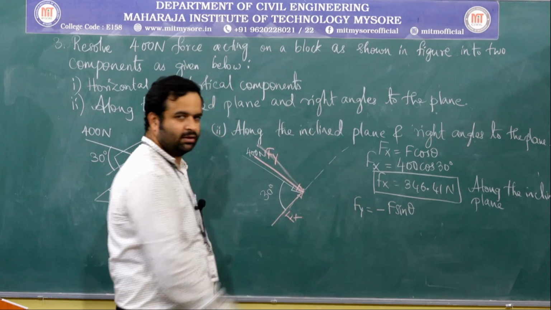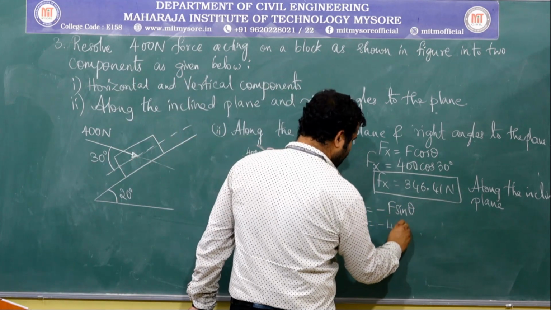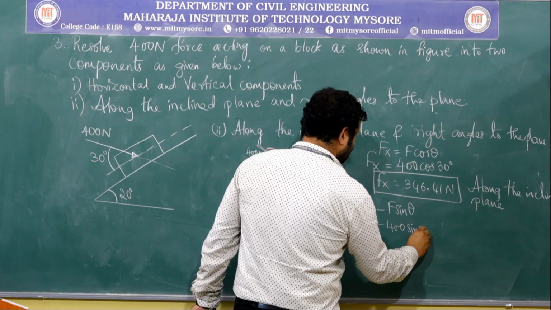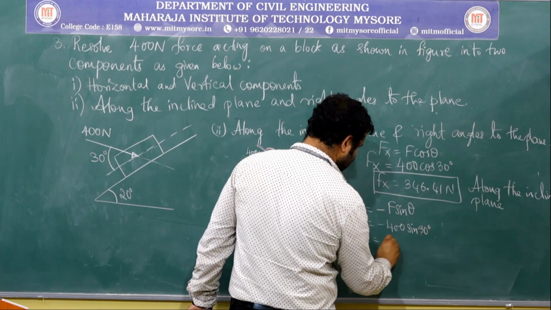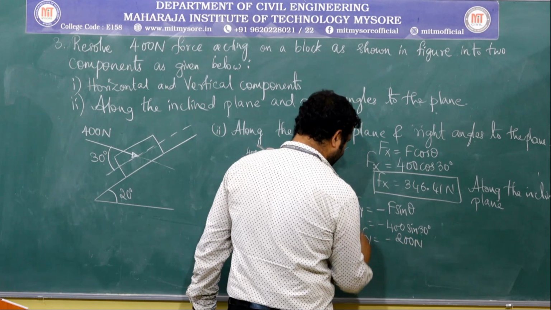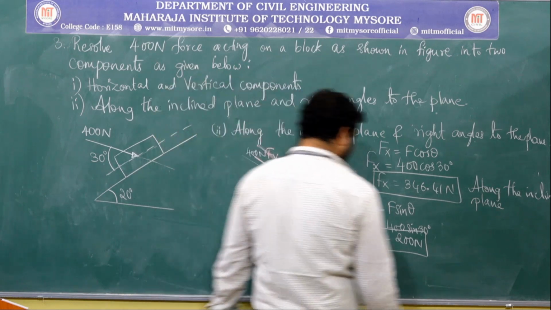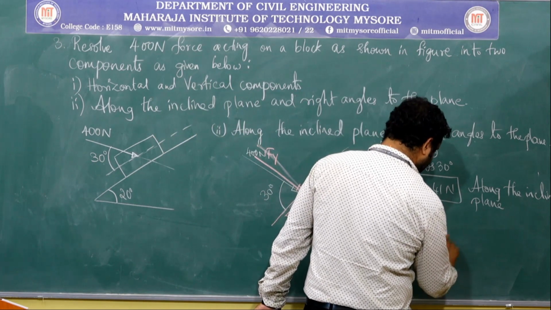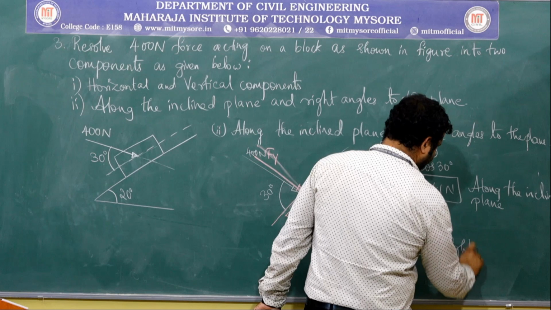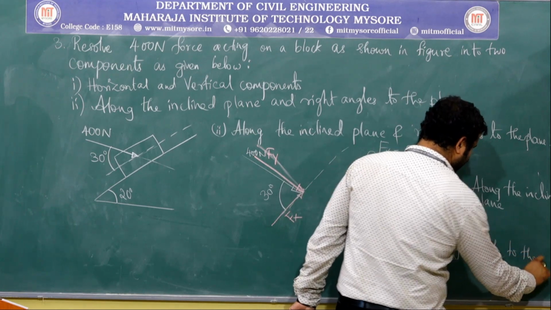Because it is measuring downwards. So, that is equal to minus 400 sin 30 degrees, which is equal to minus 200 Newton. So, this is at right angle to the plane.